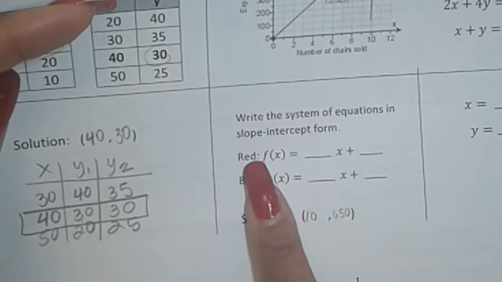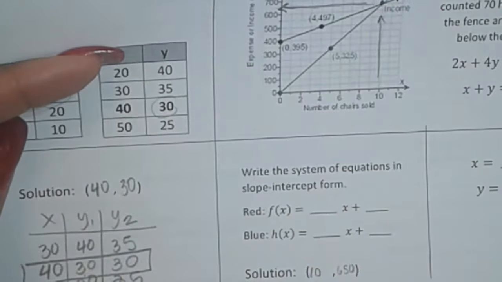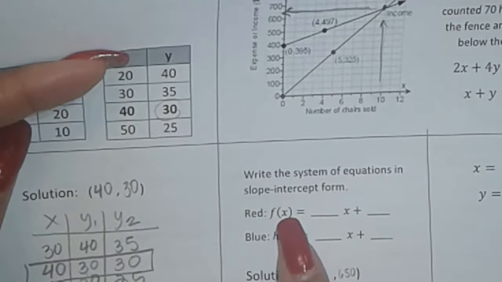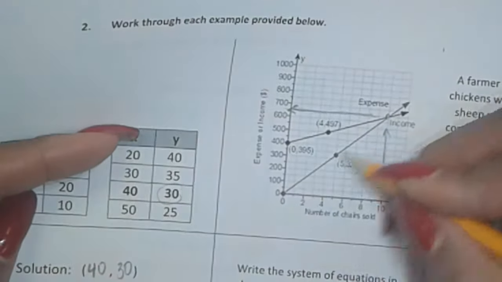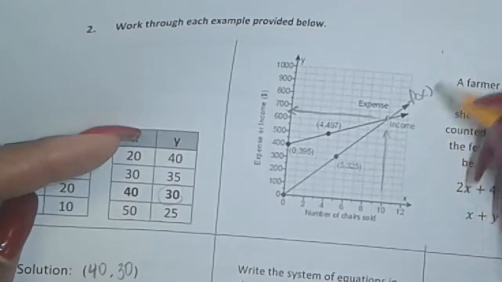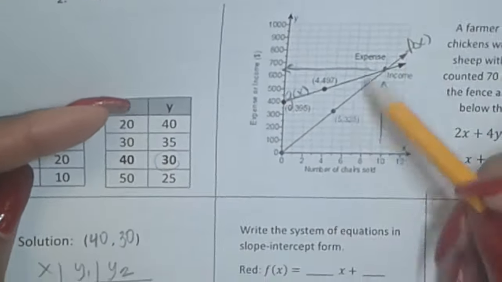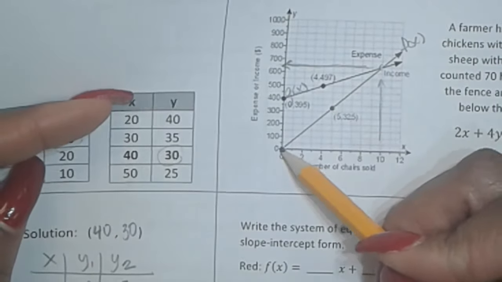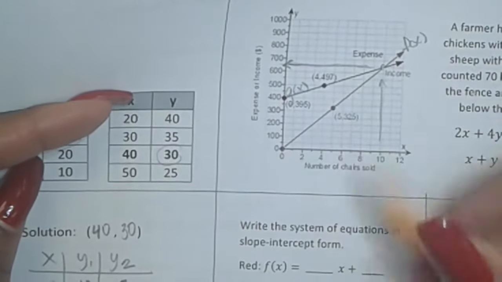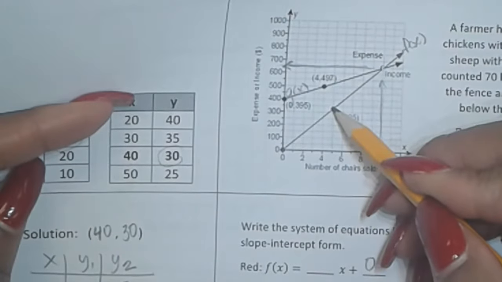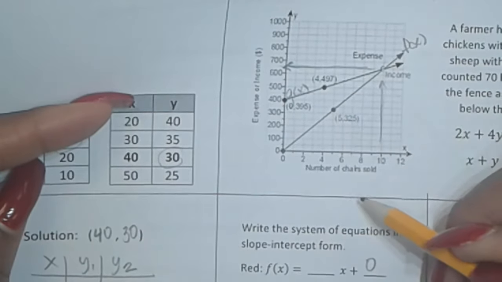Let's look at it says red line, but you can't tell which one is red, can you? But it does say f of x, so let's go ahead and label this line as f of x, and then label this line as g of x. Okay, it says here that the y-intercept is 0. Yep. It says that the slope is going to be, oh boy, let's find the slope.